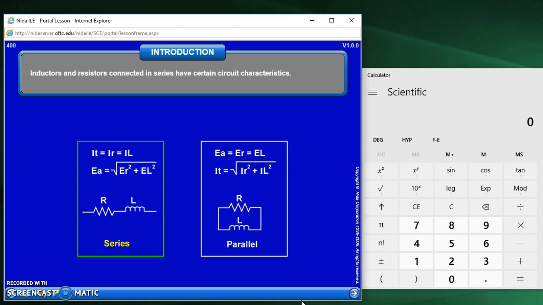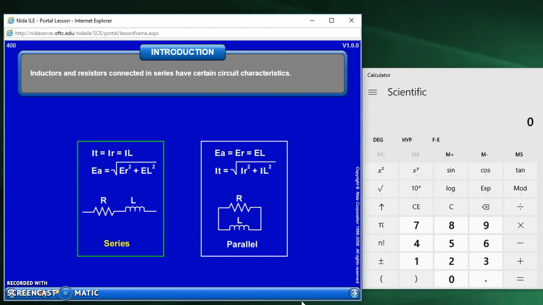So in series, we know that IT was equal to IR, which was equal to IL, and in order to get overall voltage, we had to apply that formula we see there, EA equals square root of ER squared plus EL squared. So it's going to change a little bit now, and this kind of draws back to some of our Ohm's law stuff.